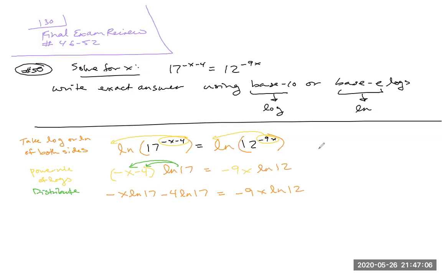Okay, now this next bit. You want to get all x terms to one side. Don't be too creative here. Remember, you still have to do it legally. So I'm going to add x ln 17 to both sides.